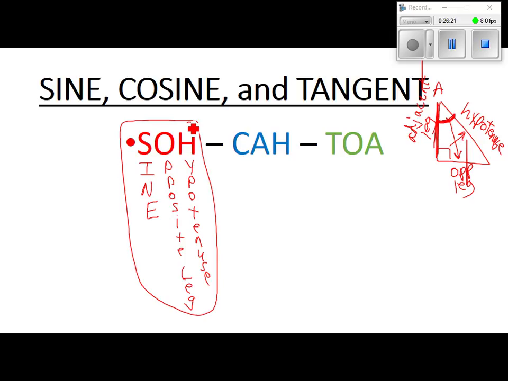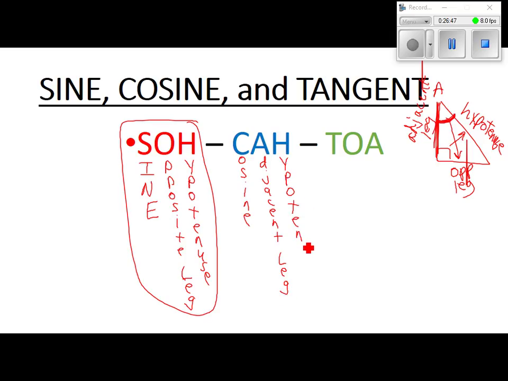You could probably fill out the rest of this on your own. And you guess what the C stands for? Cosine. How about the A? Adjacent leg. How about the H?